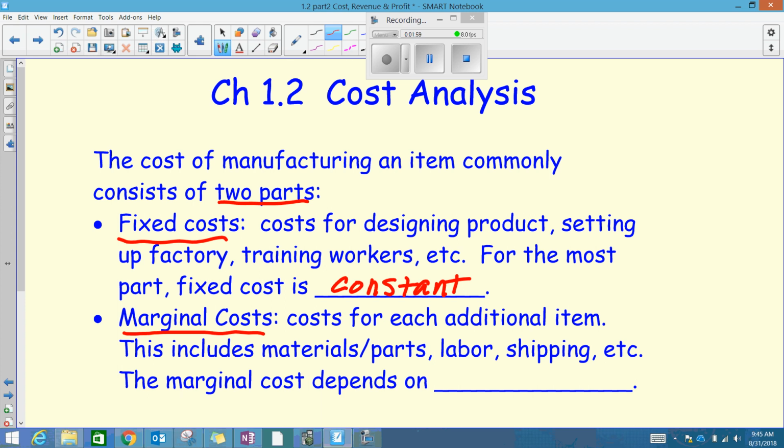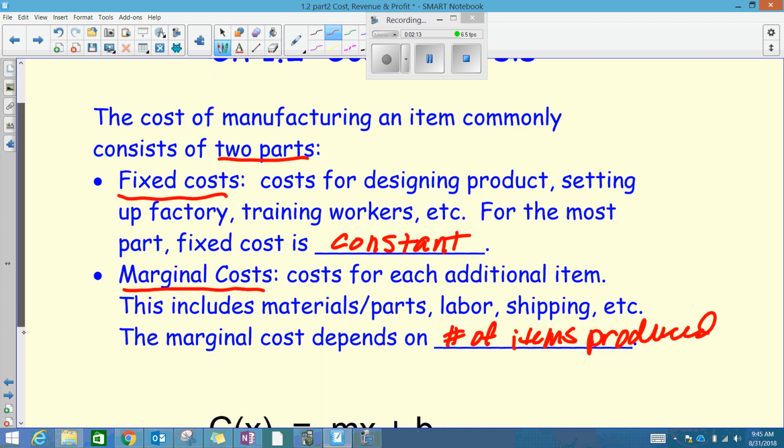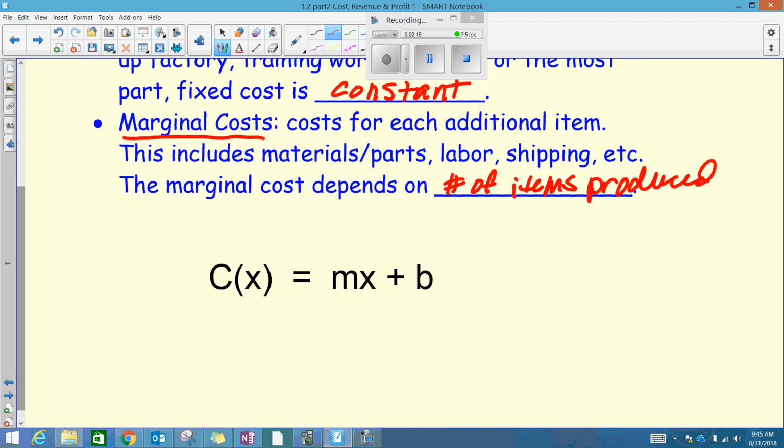So the marginal cost depends on the number of items made, the number of items produced. As we said, we're dealing with linear equations, so we're going to use an mx plus b format for our cost. So this is our cost equation, again using x.